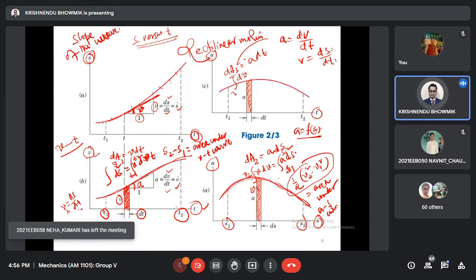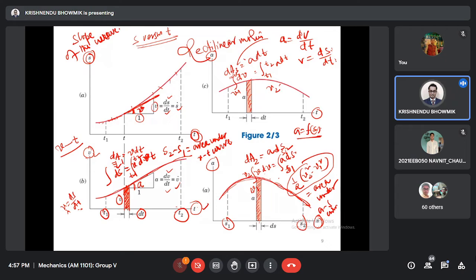So the integration over V1 to V2 equals the integration over t1 to t2 of A dt. That means V2 minus V1 equals the area under the A-T curve.